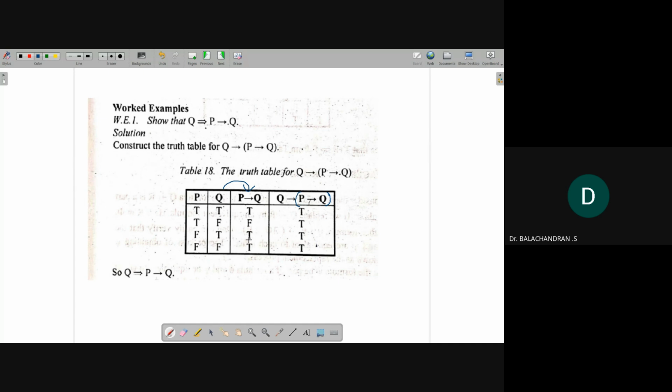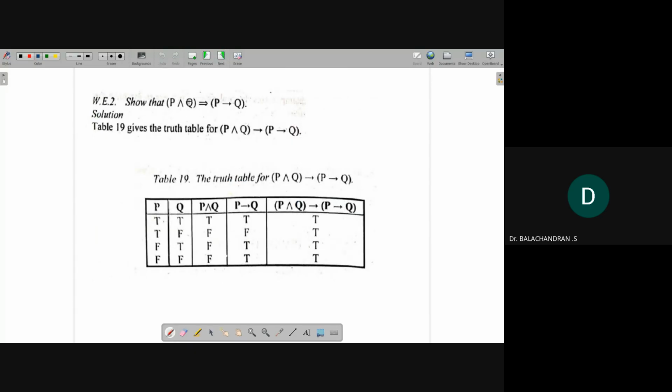So these two are not equivalent. One way is true, the other way is not true. That means Q tautologically implies P implies Q, but P implies Q does not tautologically imply Q, because from this you can easily observe that here F and T.